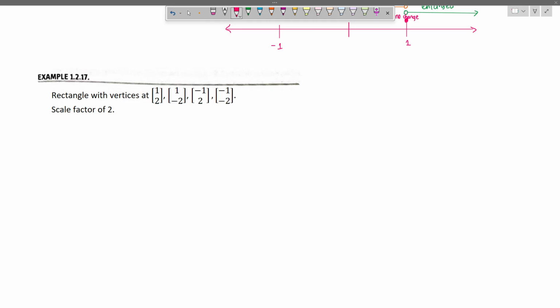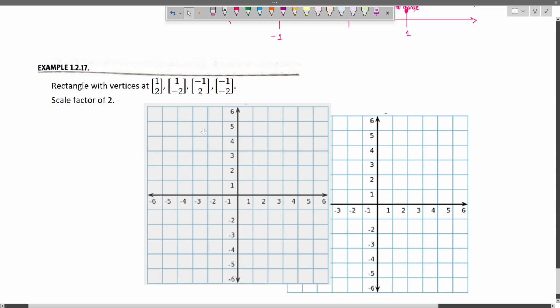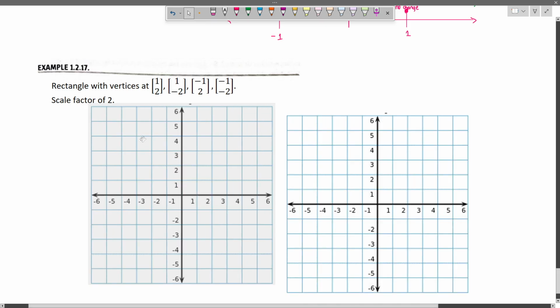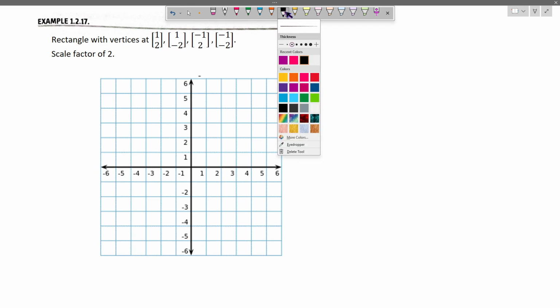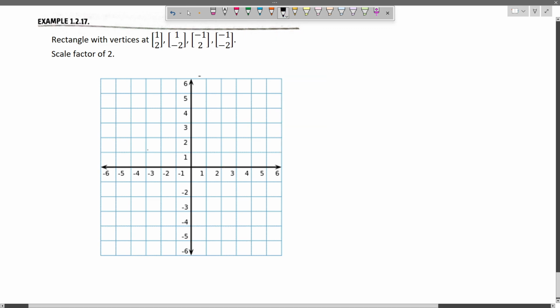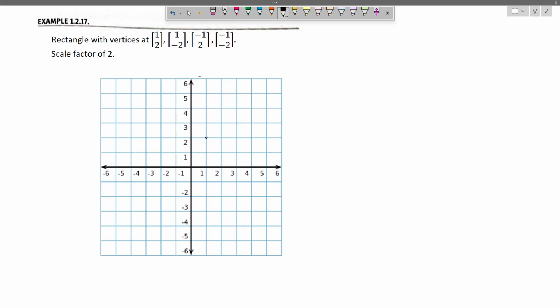Let's use a Cartesian plane. So let's draw our original rectangle. We have 1, 2, then 1, -2, -1, -2, and -1, 2.